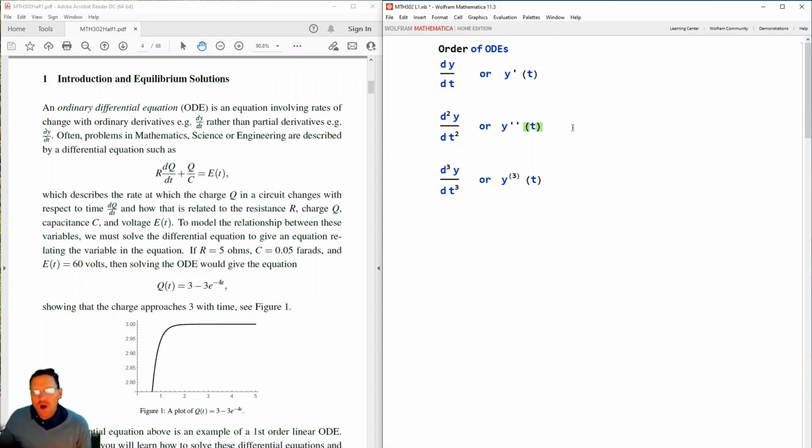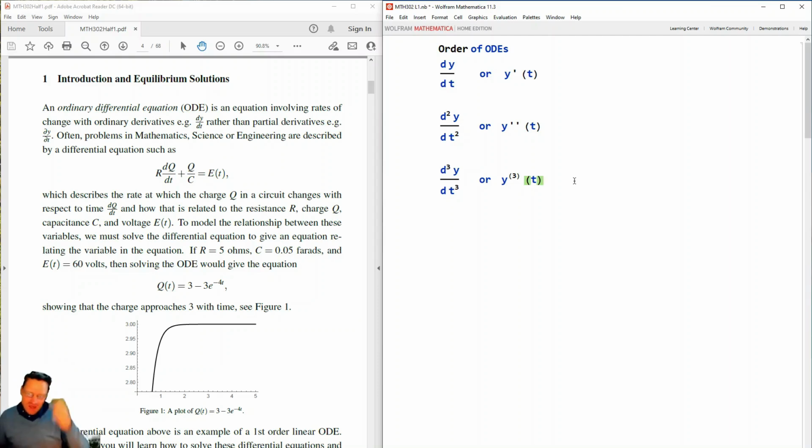And then if we go to higher order derivatives, we have, for example, a third order derivative, which we could say is d3y over dt cubed, or y triple dash of t. But you'll notice here that instead of putting 3 dashes, because that can get fairly cumbersome as you need more and more, right?